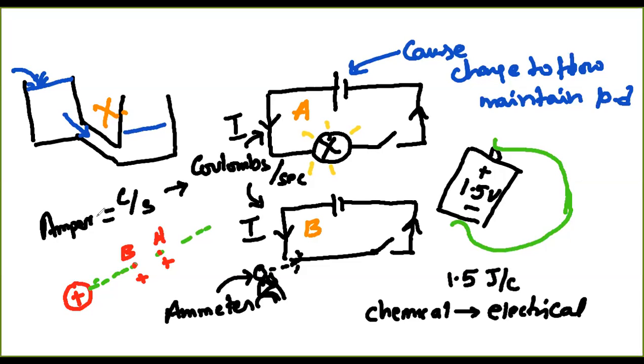Okay, so if you have a current of 1 coulomb per second, then you have a current of 1 ampere. So from here onwards, we will be talking in terms of amperes of current, and it is abbreviated to capital A. So the symbol for current is I. The symbol for the unit of current is capital A.